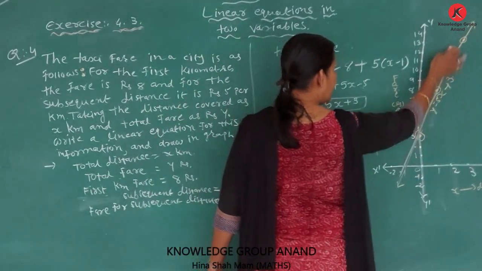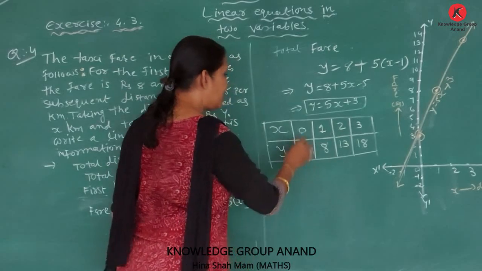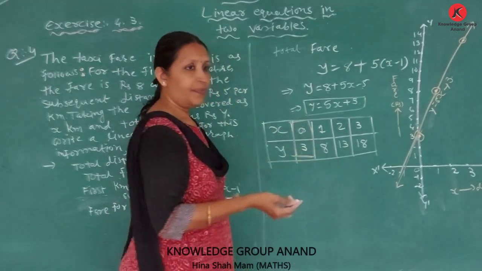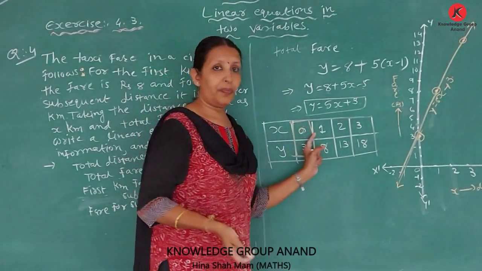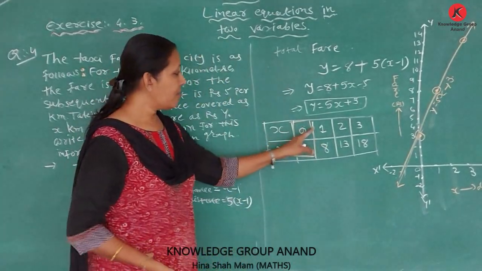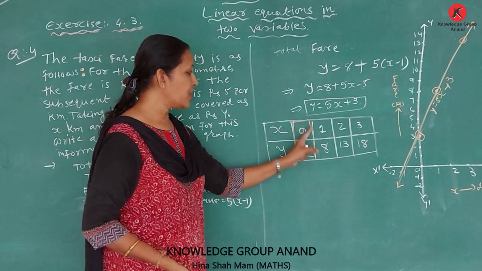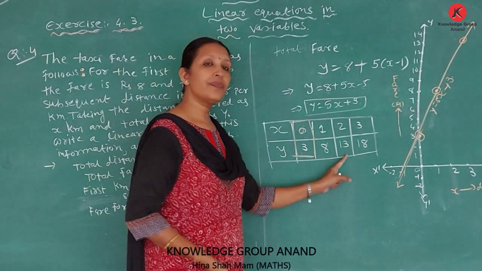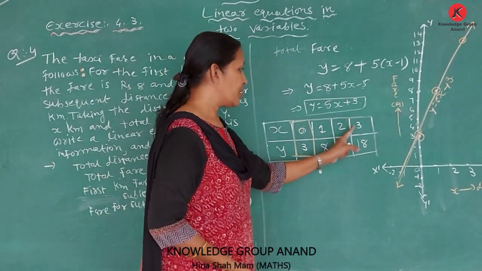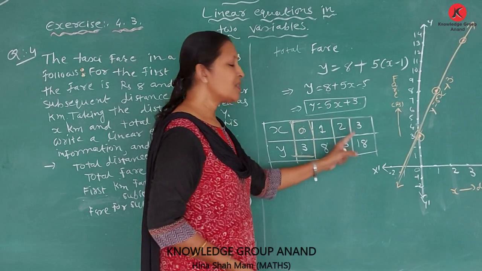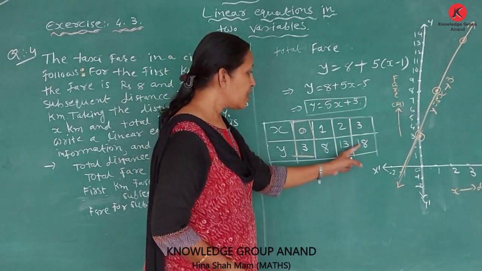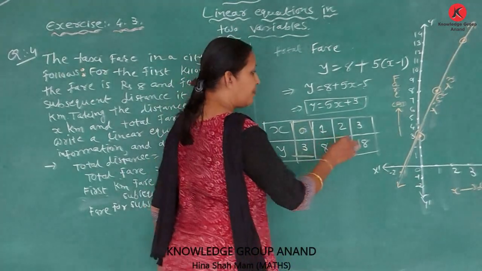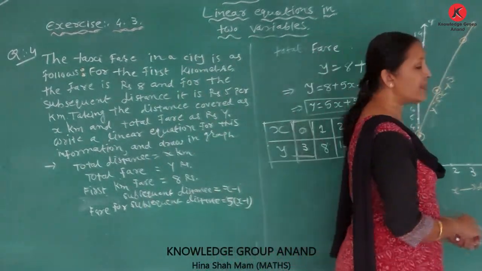For 2 kilometers it is given 13 rupees. For 3 kilometers we give 18 rupees. Okay, therefore it is drawn: y is equal to 5x plus 3.